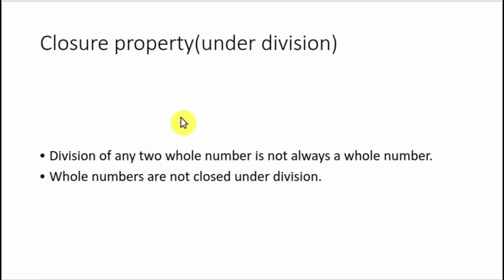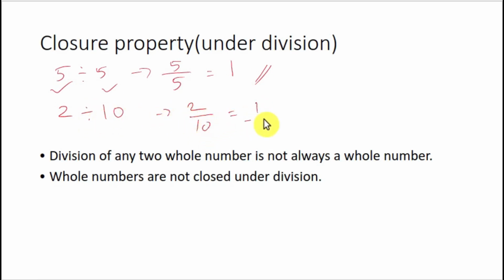Next, coming to division. For example, 5 divided by 5 equals 1. When we are dividing two whole numbers, I am getting a whole number here. But in the case of 2 divided by 10, 2 by 10, so 1 by 5. This is a fraction. This is not a whole number.